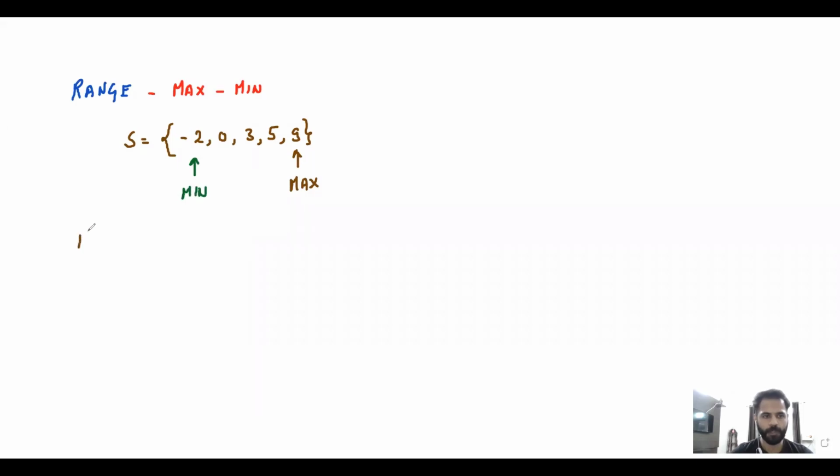So in this case, the range is simply the maximum, which is 9, minus the minimum, which is -2. Be very careful with the minus sign over here. Minus minus becomes plus, and the range becomes 9 plus 2, and that's 11. So that is the range.